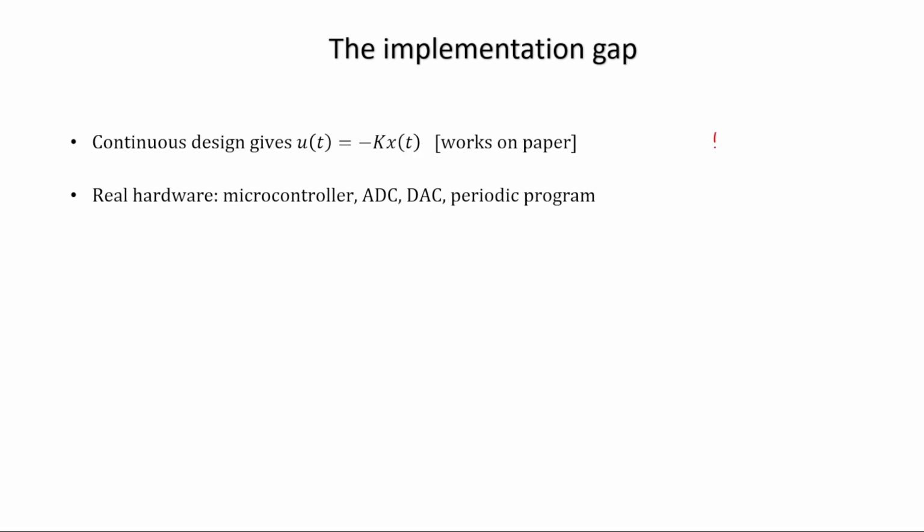Suppose you want to implement this control law on a processor. The processor must get x(t) so that it can multiply minus K with it to give minus K x(t). But x(t) is a continuous signal, so the processor will not get the continuous signal as input.